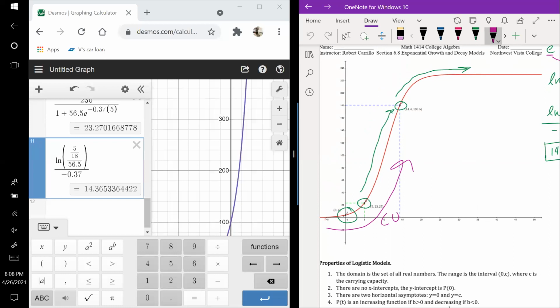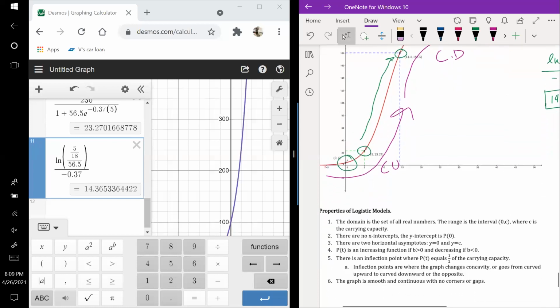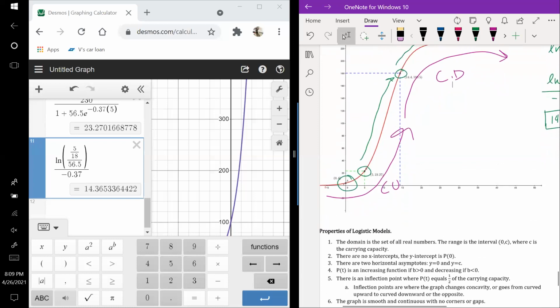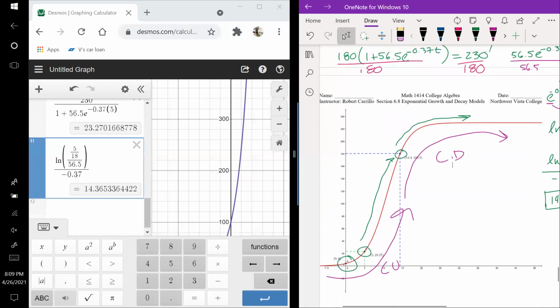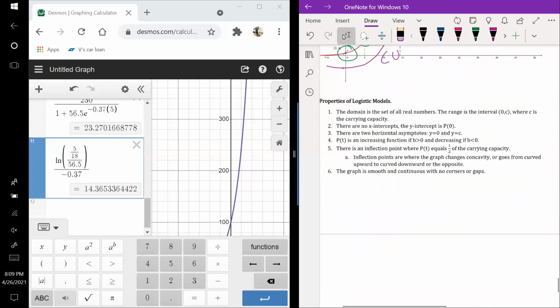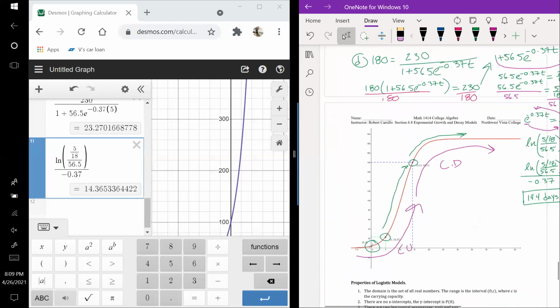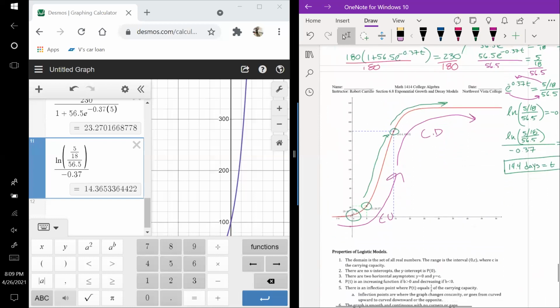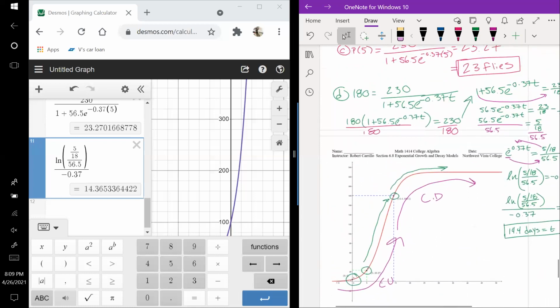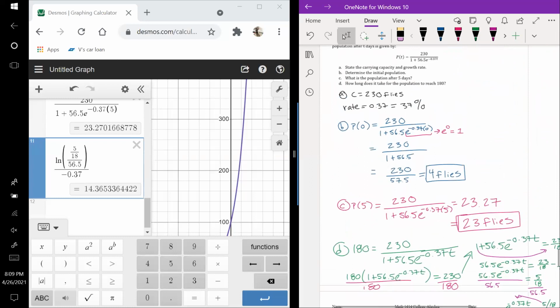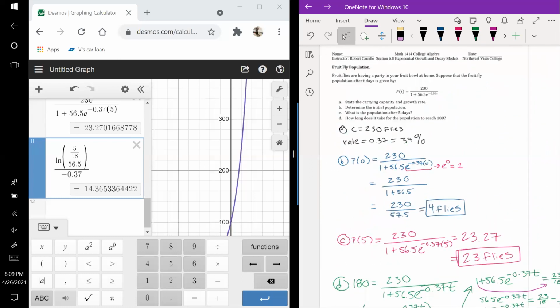Then you switch from concave up to concave down. So an inflection point changes concavity. And then the graph is smooth and continuous. And there we go. That is 6.8, exponential growth and decay models. So that finishes that.